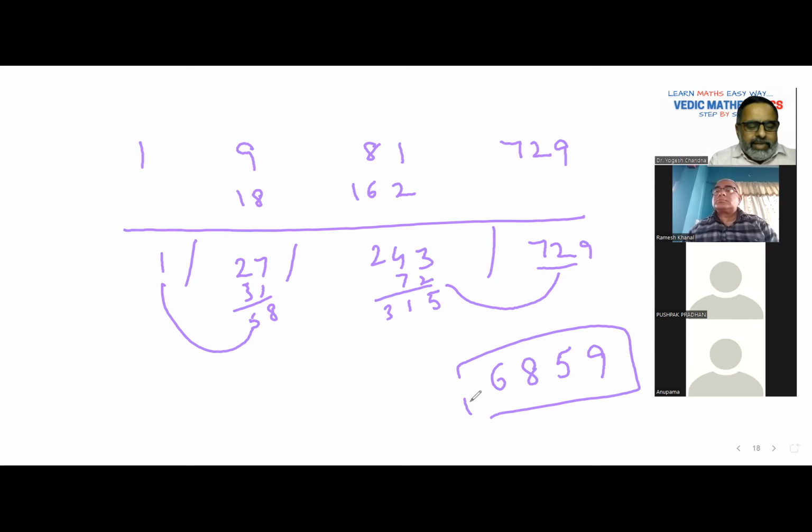So how easily we can do it. Yes, any questions you have now? Anyone in the first category? Umesh, Pushpak.